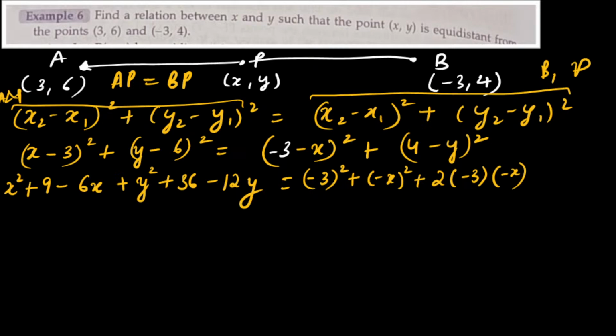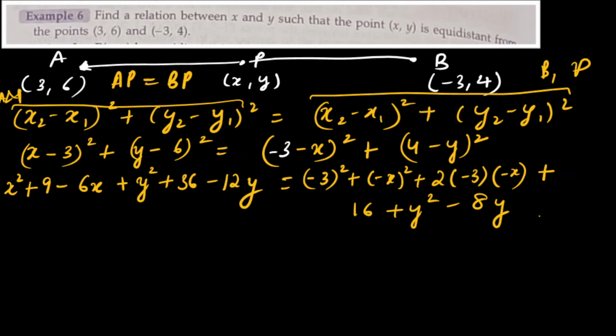We can use the (a plus b) whole square identity along with the signs, because both of the numbers have minus sign. So whenever both minus signs, use the (a plus b) identity, but use their signs along with the numbers. Plus here directly (a minus b) I can use. So 16 plus y square minus 8y.